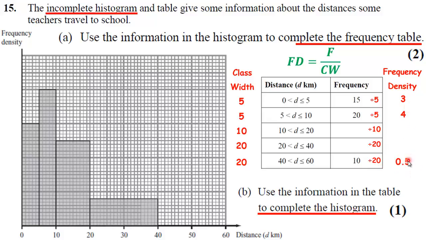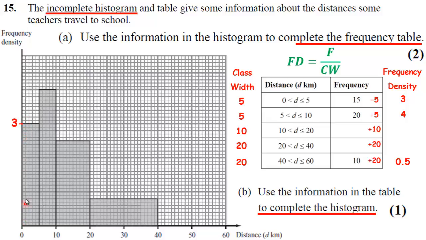The reason I've worked out these frequency densities is because I have some information in the graph already. The first bar represents the first group, 0 to 5, and it goes up to this point here. These are the frequency densities, and I know the frequency density of this bar is 3.